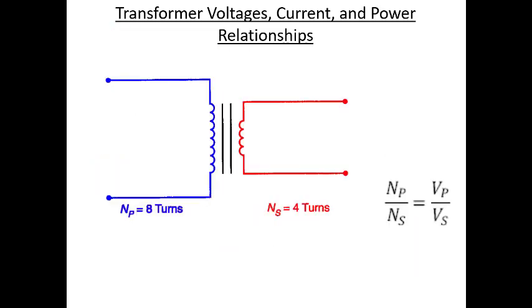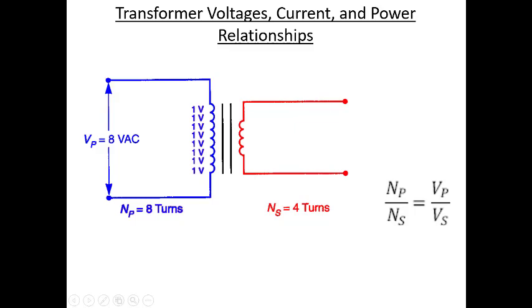All right, so let's look at some more examples, kind of back up a little bit. Let's say that in this circuit we have 8 turns on the primary and 4 turns on the secondary. So if we supplied an 8-volt AC supply here, what we would see is that each turn would be worth 1 volt.